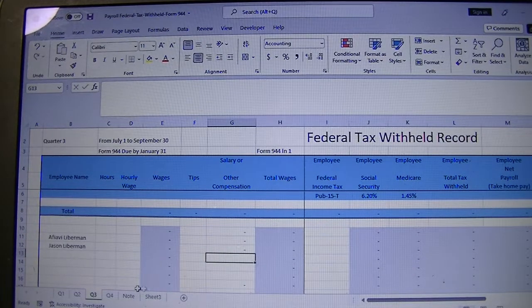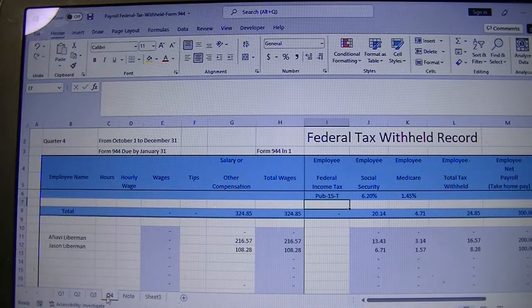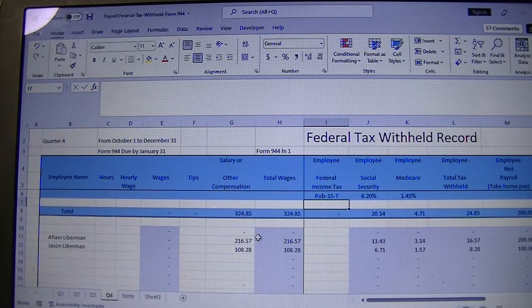Okay, so I'm going to use an example here, and in this example we have two people working in the business. I entered the amount paid under other compensation.